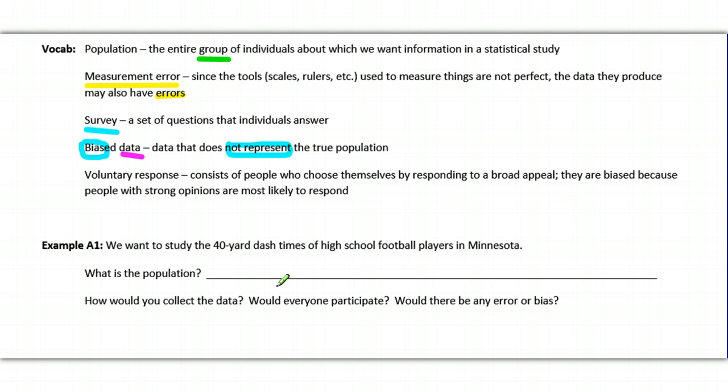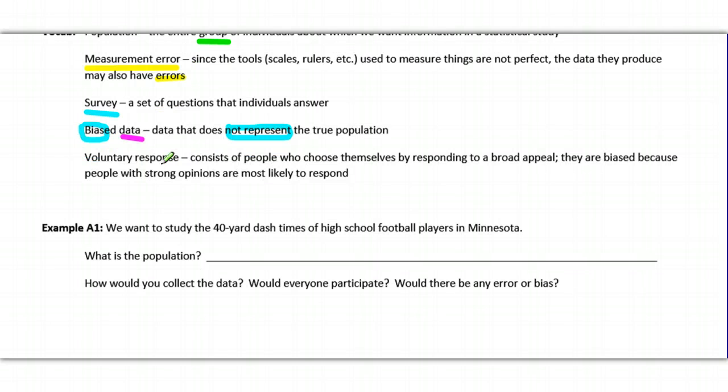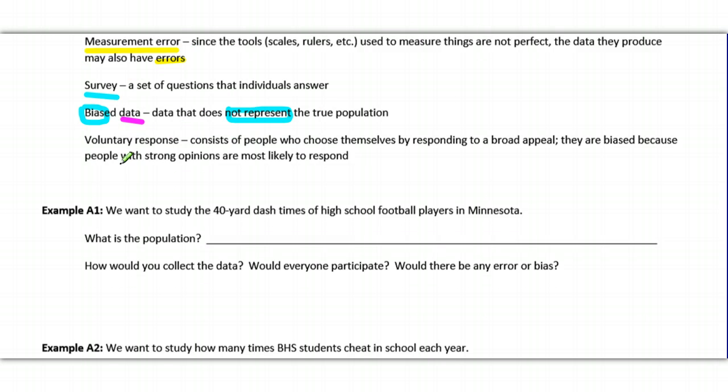For example, if I was going to do a study of high school students and I only talked to ninth graders, that data is going to be biased because it does not represent everyone in the population. It only represents part of that population I'm studying, so there is some bias there. There's other ways of biasing data, such as how you word a question or who responds to the questions you ask. So there's plenty of ways to get biased data.